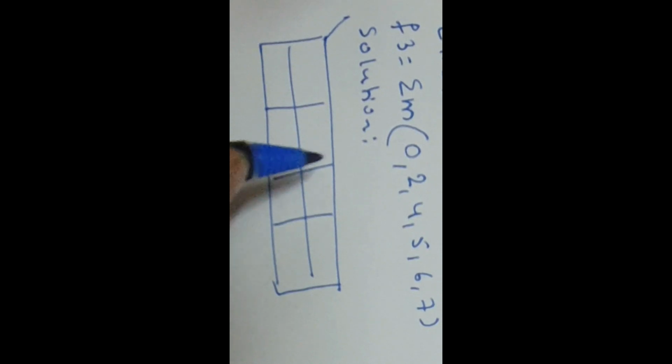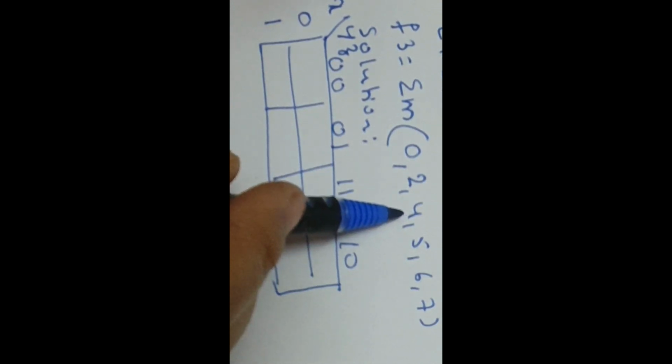Let x, y, z be the 3 variables. X is written here, y, z is written here. For these two variables, y, z, 0, 0, 0, 1, 1, 0, 1, 1 are the possible 4 combinations. X can be 0 or 1.